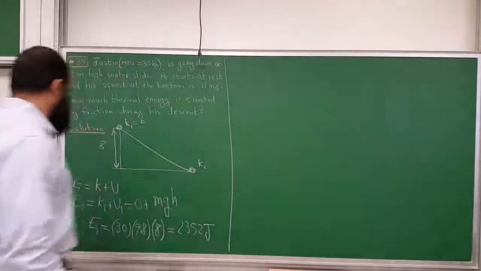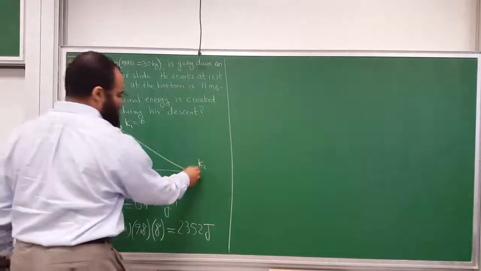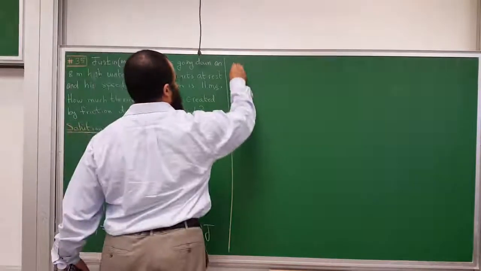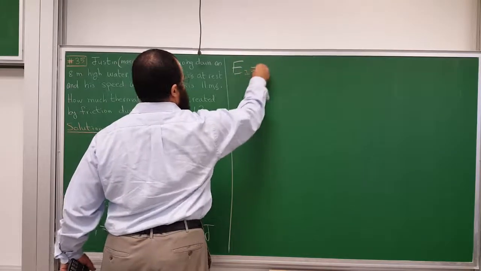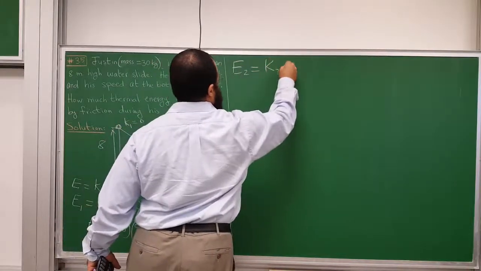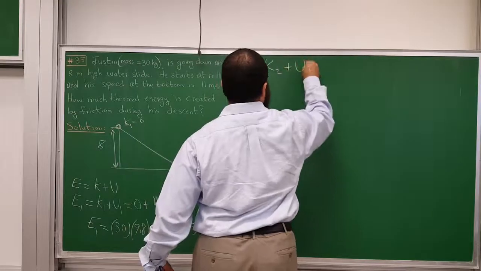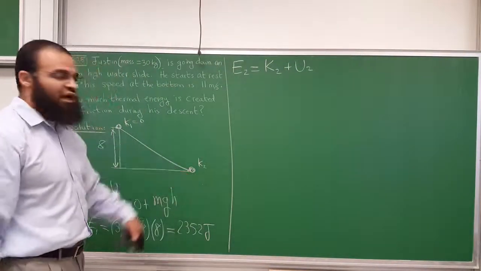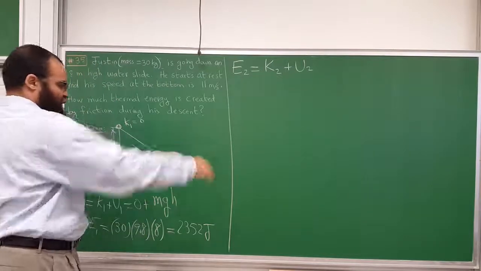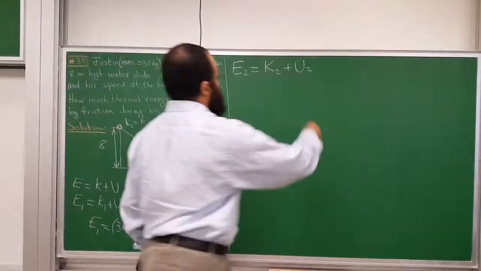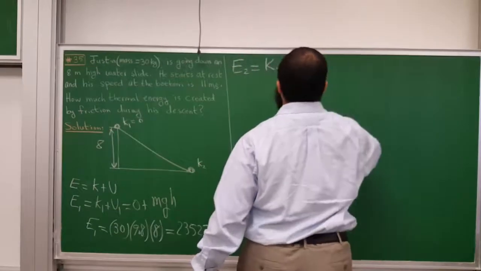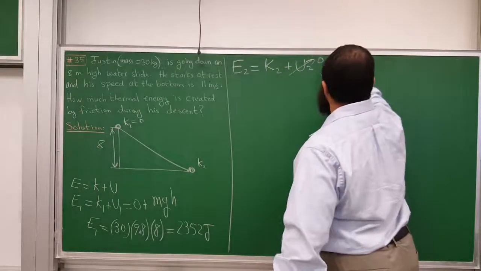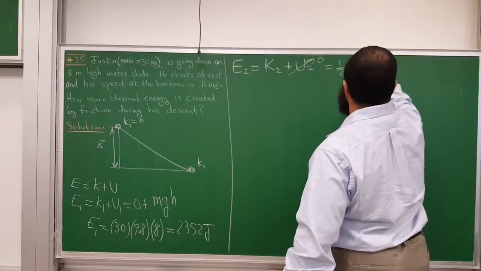Let's get his mechanical energy at the end. So now Justin is here. His mechanical energy at the end is K2 plus U2. But at the end, when he's at 0 height, his gravitational potential energy relative to the ground is 0. So K2 is 1/2 mv2 squared.